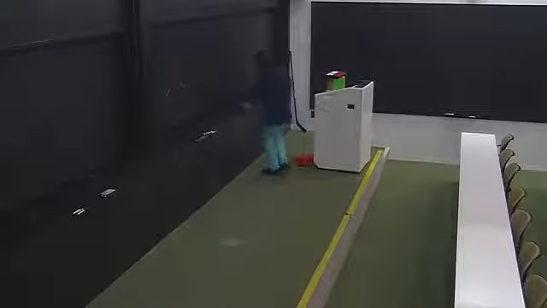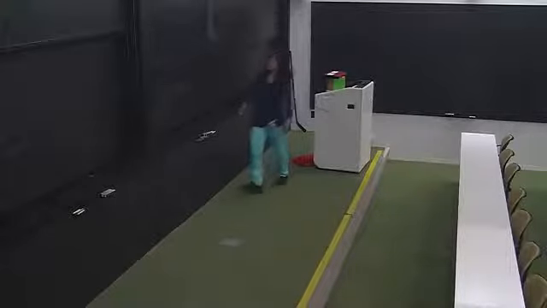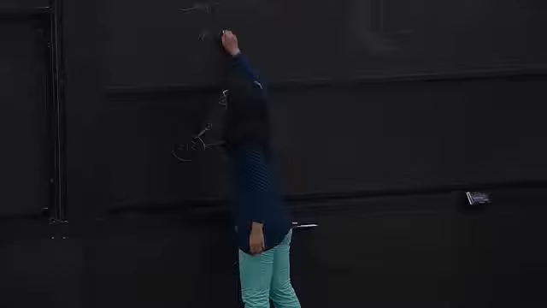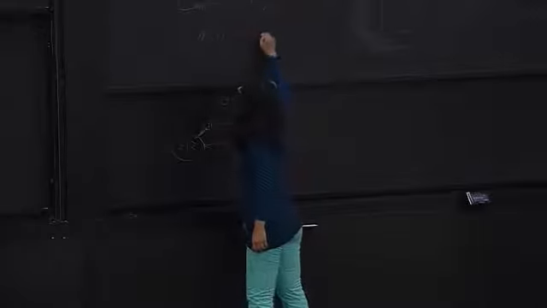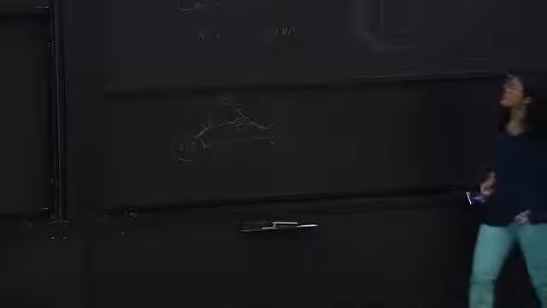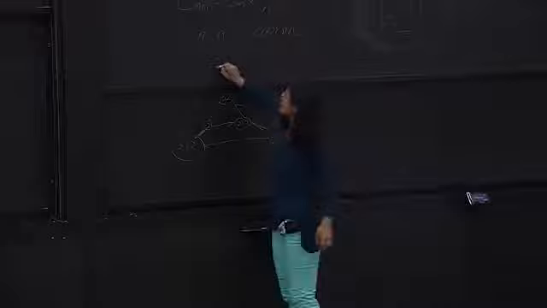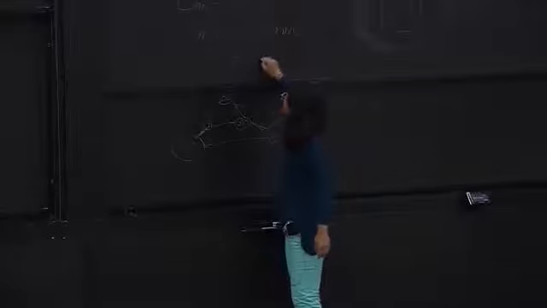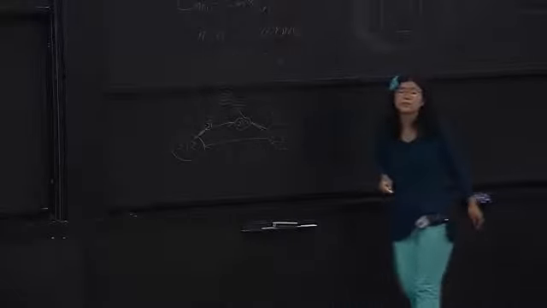Sorry, I should write the condition down. I was mumbling and didn't write it down. Sorry, m and n are coprime. Okay. So in particular, C4 does not equal C2 direct product C2.